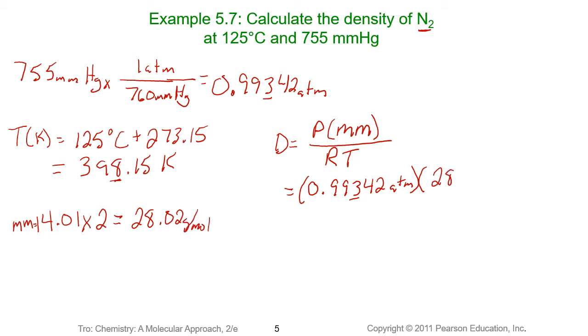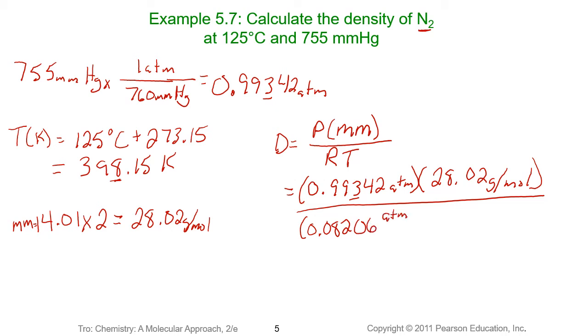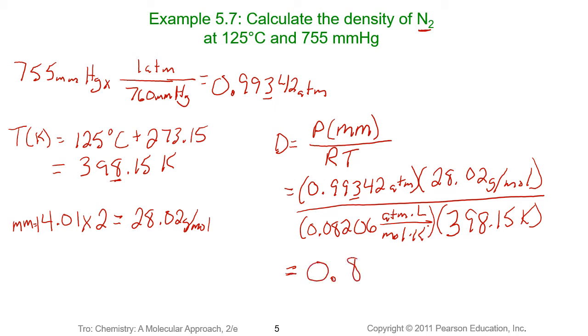So we get 28.02 grams per mole, divided by our ideal gas constant, 0.08206 atmospheres times liters divided by moles times Kelvin, times our temperature. And we find that the density of our gas is 0.852 grams per liter.